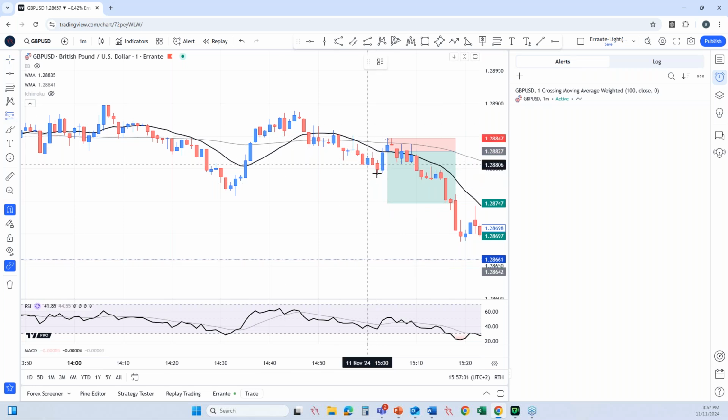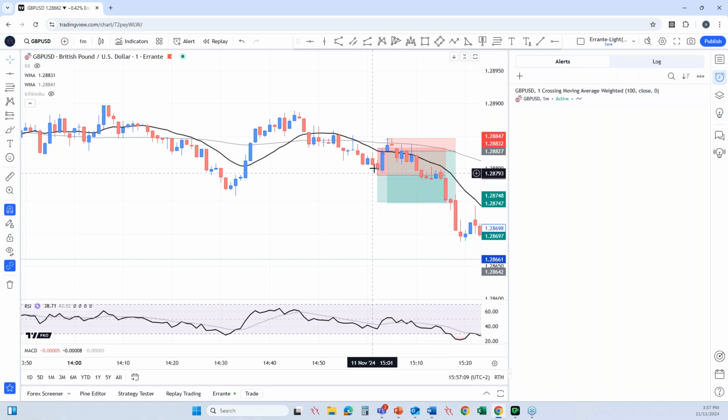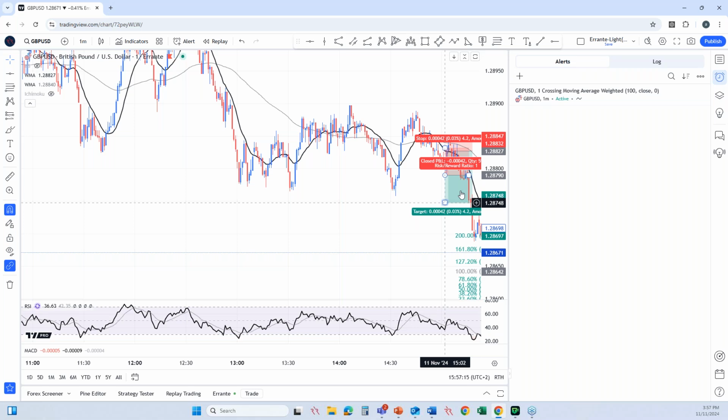And then you will also be able to have another entry, maybe here, when you see a break below this last market bottom, so that gives you more confidence about being in a downward pressure.